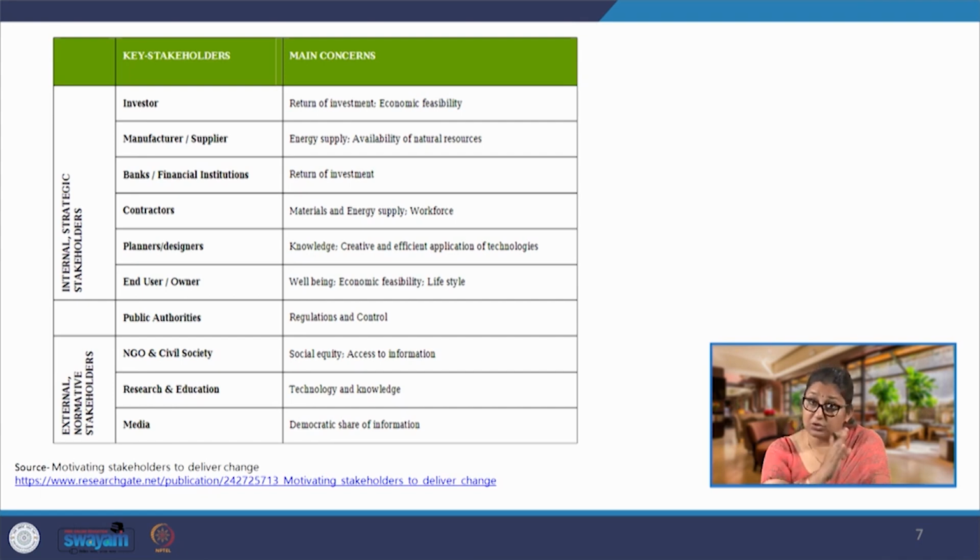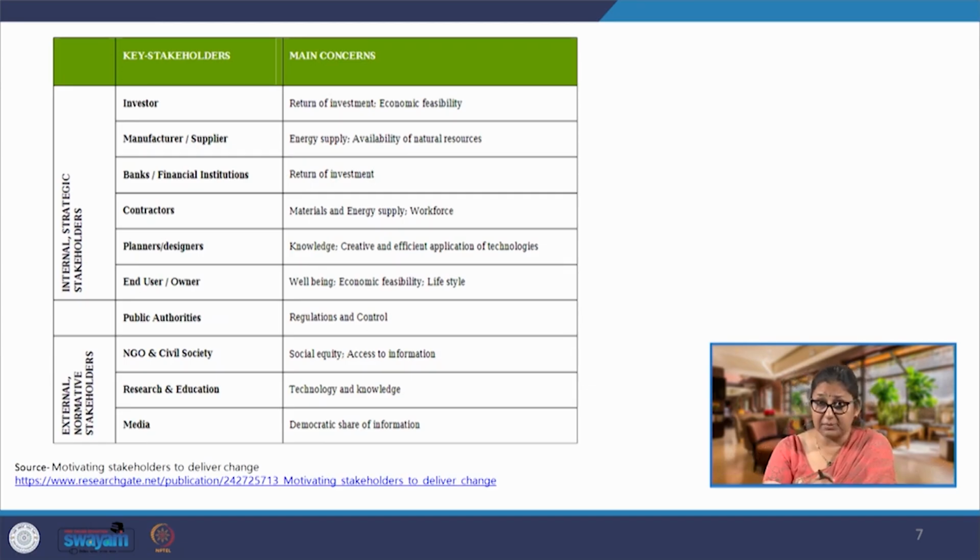Then we also have stakeholders who are not directly connected with the building life cycle, but they are remotely or indirectly connected. For example, there could be public authorities who are involved in regulations and control of these buildings, NGO and civil society who are talking about social equity and access to information, research and education. So, not directly the architects and engineers, but for example, academicians who are creating this body of knowledge which is to be applied by the engineers and architects.